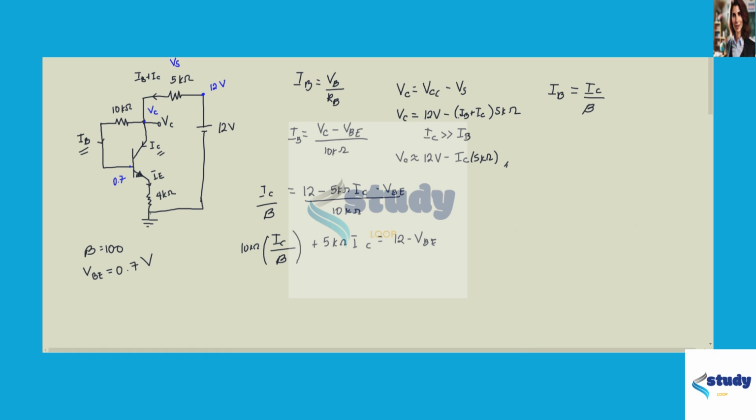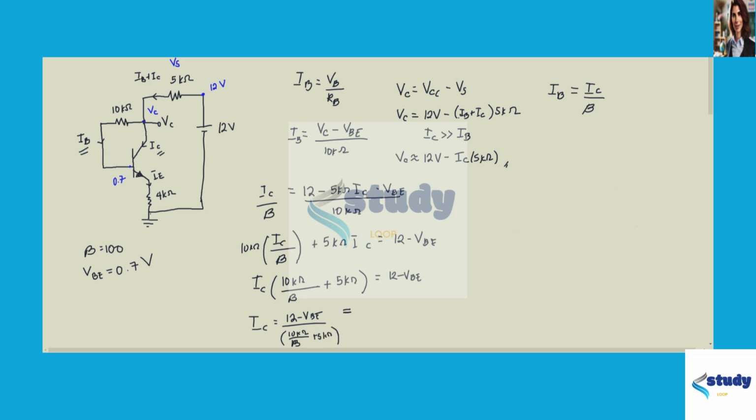Now, we could factor out IC from these two terms, giving us the product of IC times 10 kilo ohms over beta plus 5 kilo ohms is equal to 12 minus VBE. We get IC is equal to 12 minus VBE divided by this whole term here, 10 kilo ohms over beta plus 5 kilo ohms.